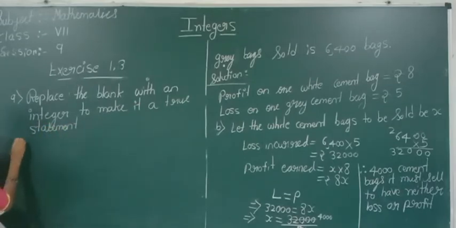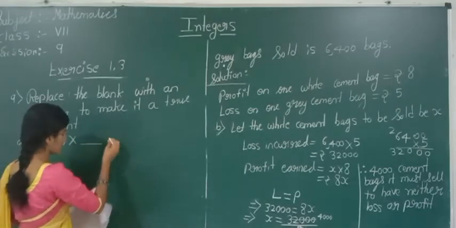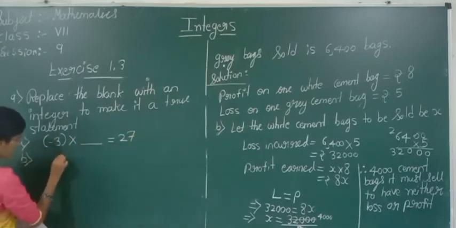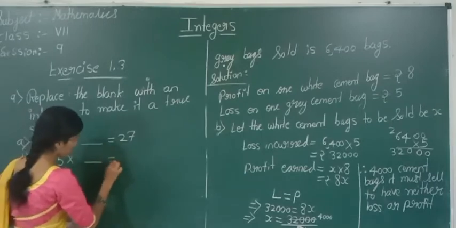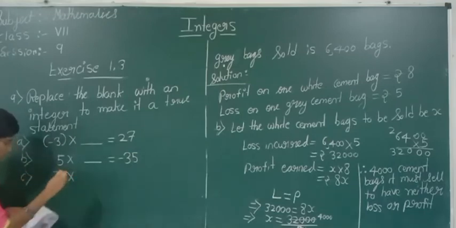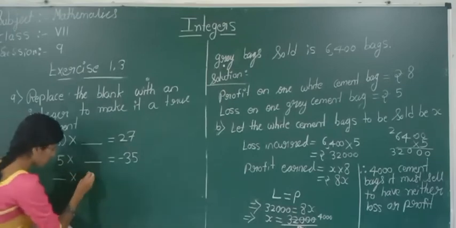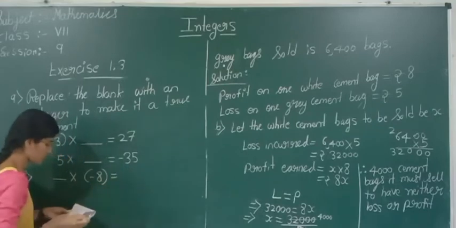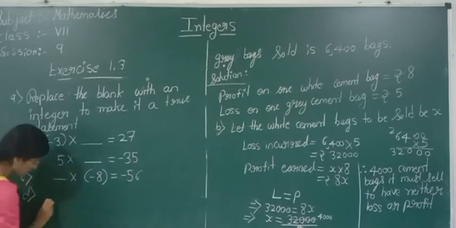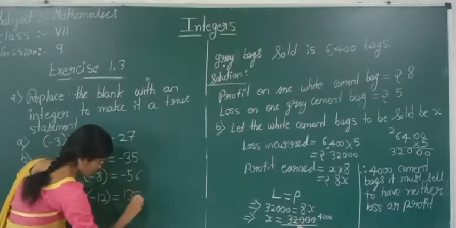First one they have given: -3 into dash is equal to 27. The second question: 5 into dash is -35. C, they have given 7 into dash, -8 is equal to -56. D, they have given dash into -12 is equal to 132.